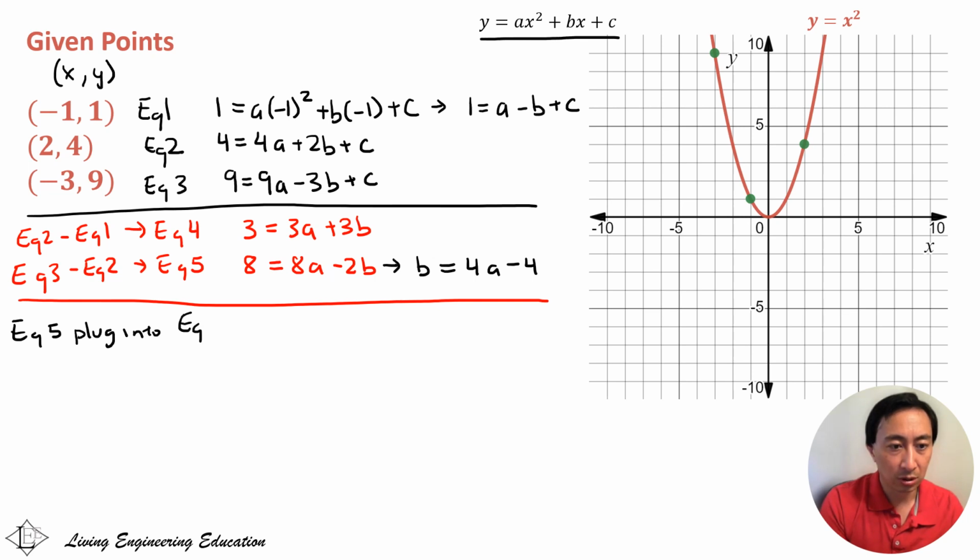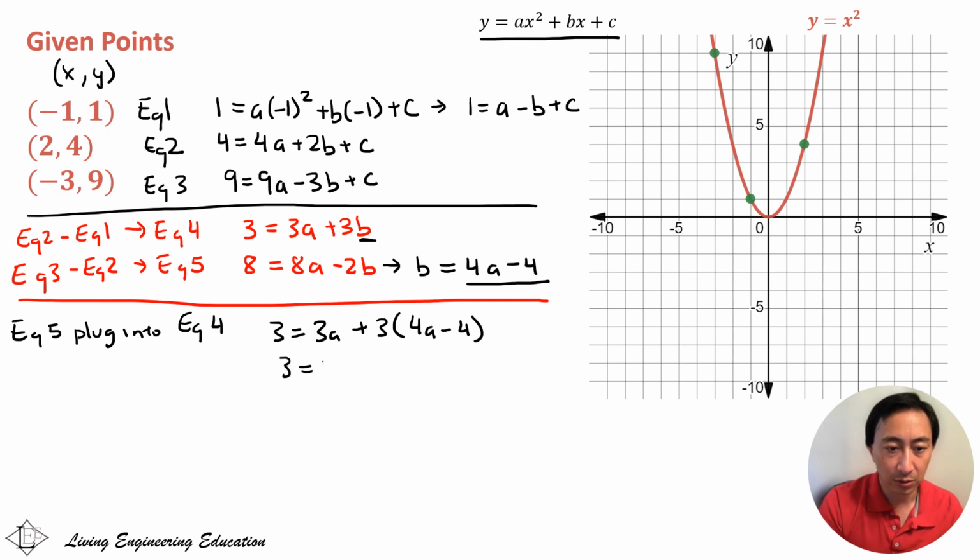Okay? So what I'll do now is plug equation 5 into equation 4, right? So I'm going to plug the b term into this equation so I can solve for a. So I get 3 is equal to 3a plus 3 times my new b term, which is coming from equation 5, 4a minus 4. Okay, so now I just have my unknown a in this equation, and I can solve for it.